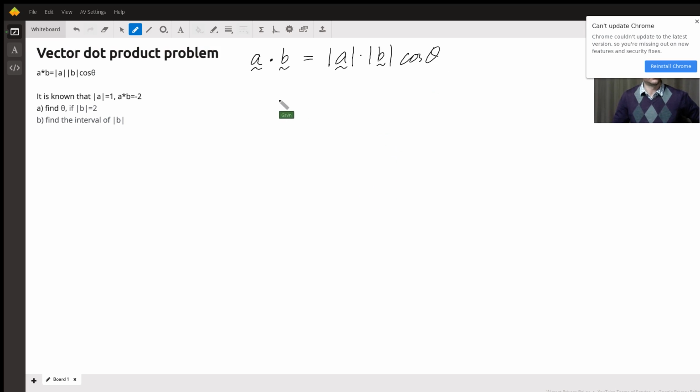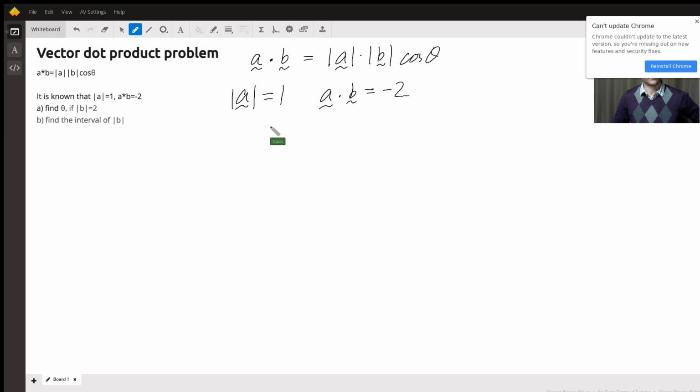So that's the rule. Now we're given that the length of vector A equals 1, and also that the dot product between the two vectors equals -2. Before we start question A, that's what we're given.